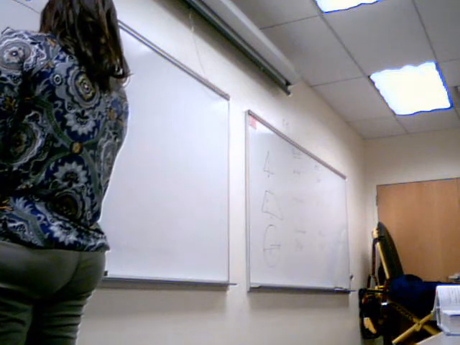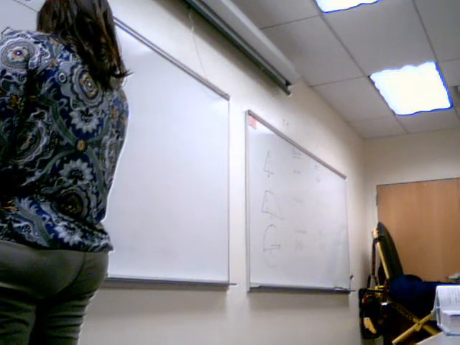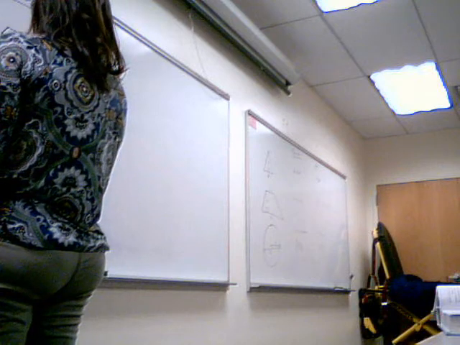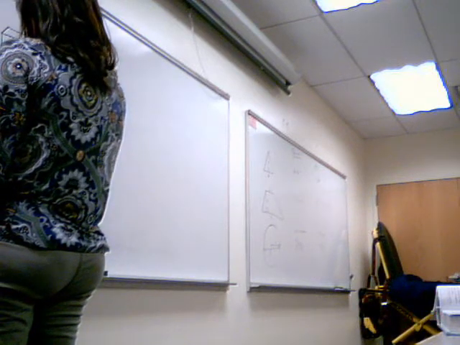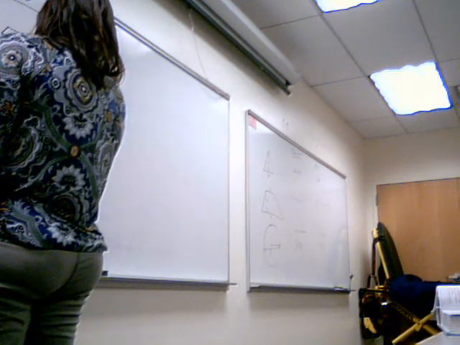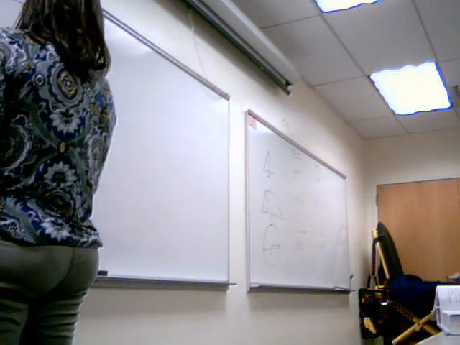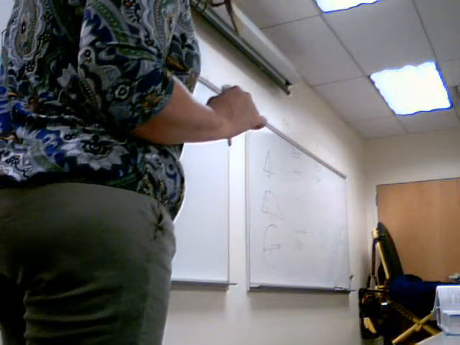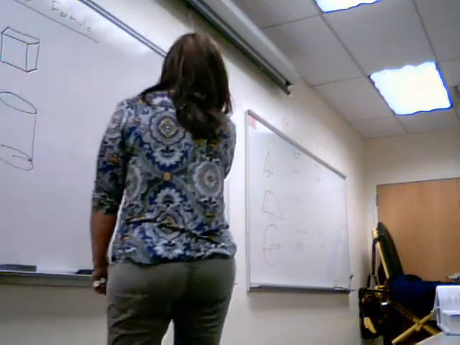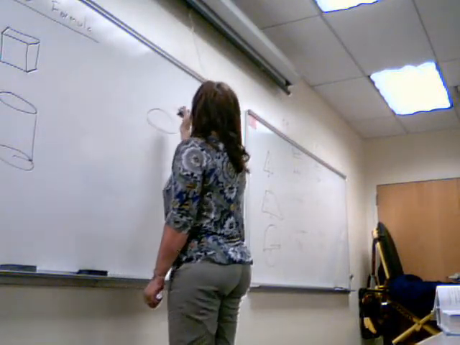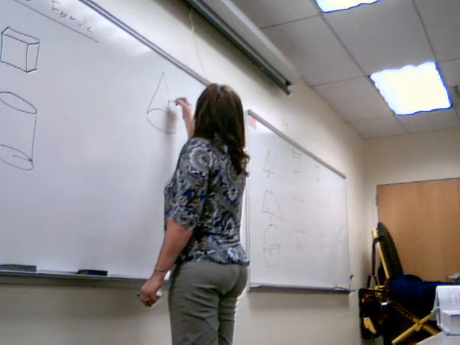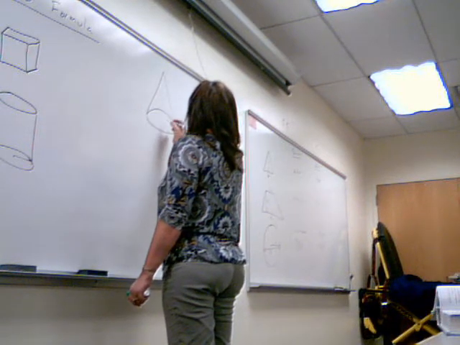So we have a square or a cube. We have a cylinder. Remember when we have a cylinder, you're going to have a circle in there. And you're going to have a cone. Okay.